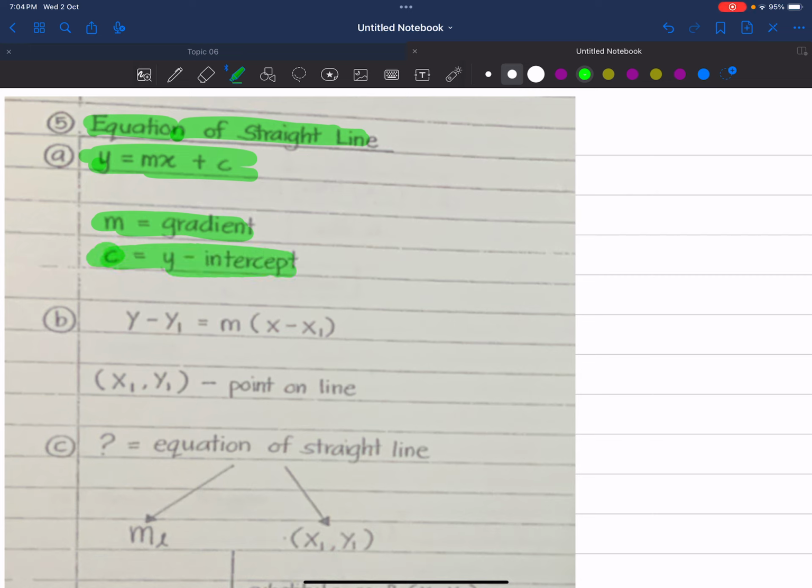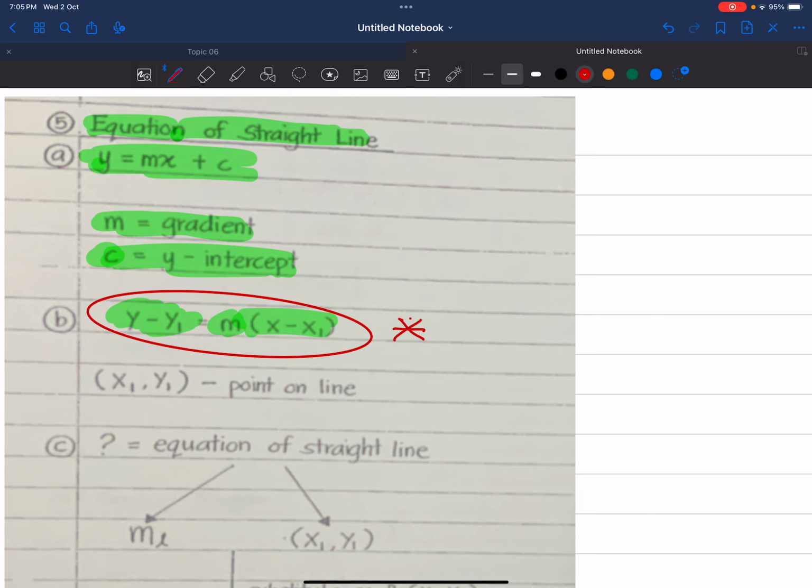Now the more important formula for a straight line is this: y minus y1 equals m, the gradient, times x minus x1. This is the formula that we usually use in coordinate geometry.